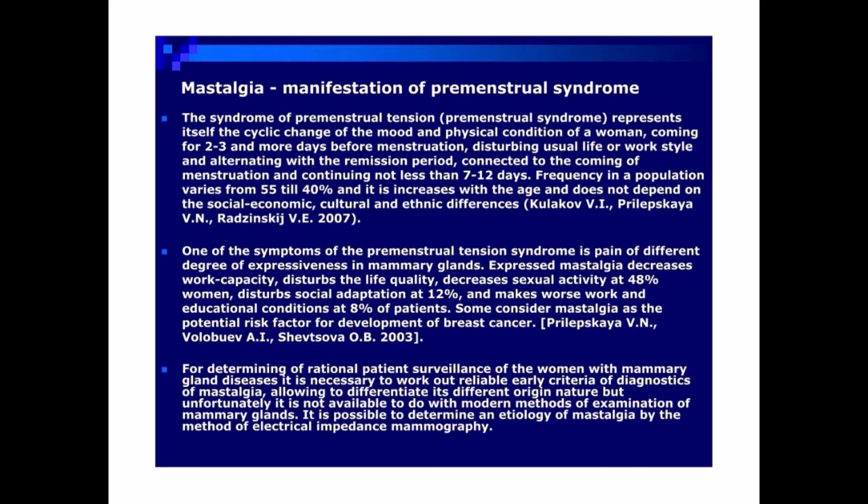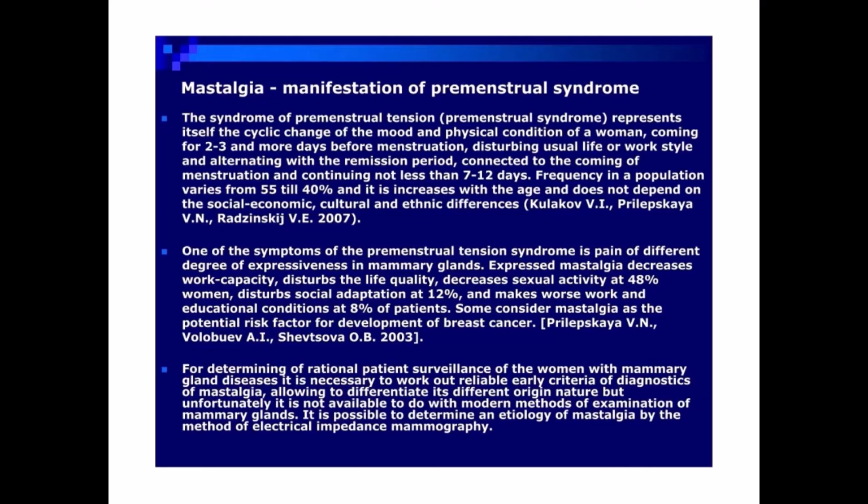Expressed mastalgia decreases work capacity, disturbs the life quality, decreases sexual activity in 48% of women, disturbs social adaptation in 12%, and makes worse work and educational conditions in 8% of patients. Some consider mastalgia as a potential risk factor for development of breast cancer. Prilipskaya V.N., Volobueva, Shevtsova O.B., 2003.